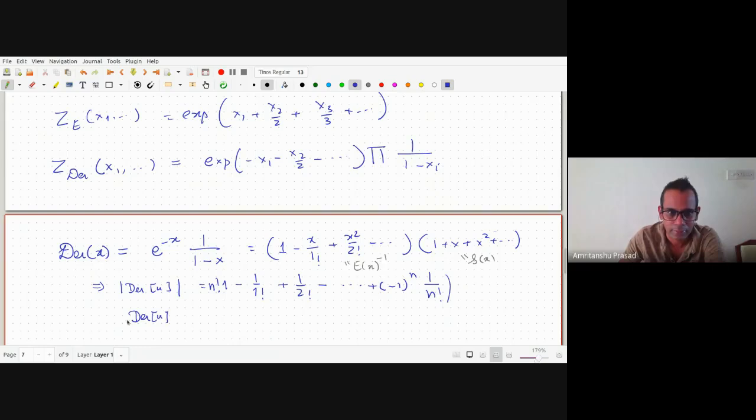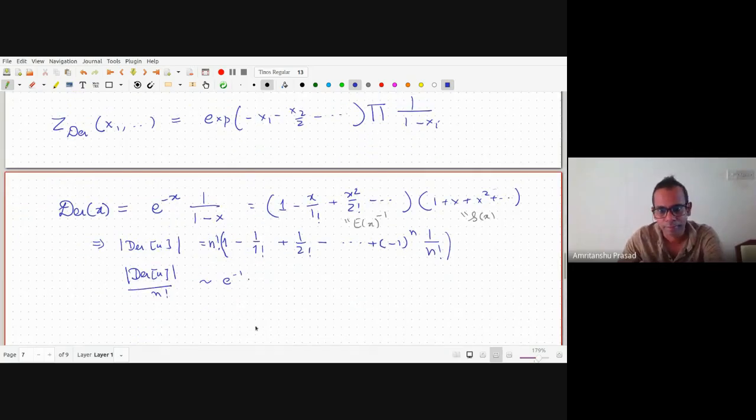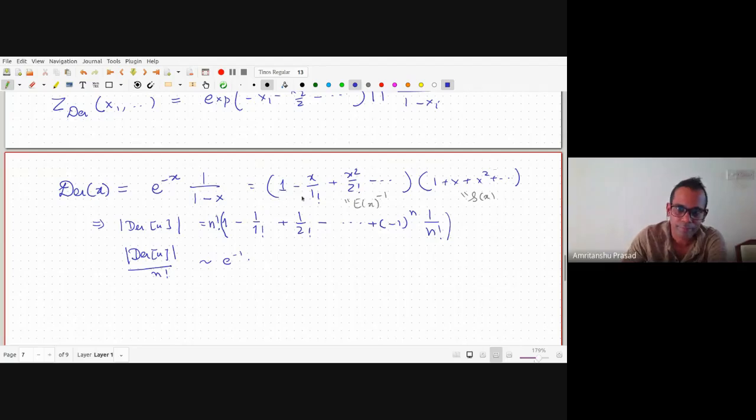Thanks. Yeah, absolutely. After taking the coefficient, I should multiply it by n factorial. Thanks. Okay, so that's a very simple and elegant proof.